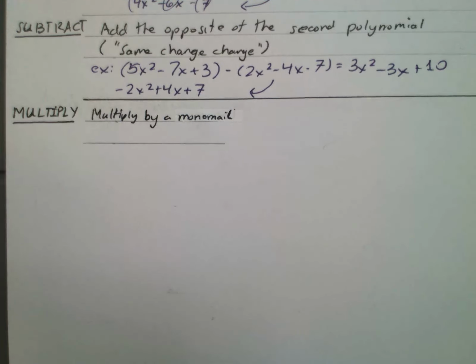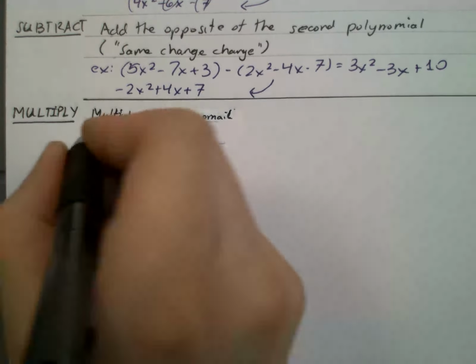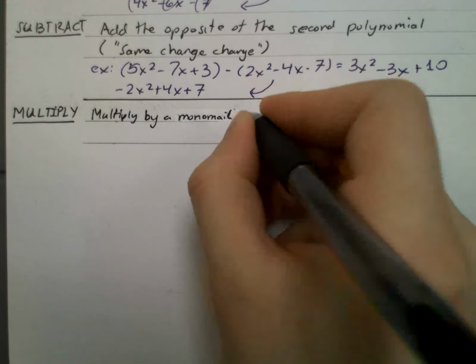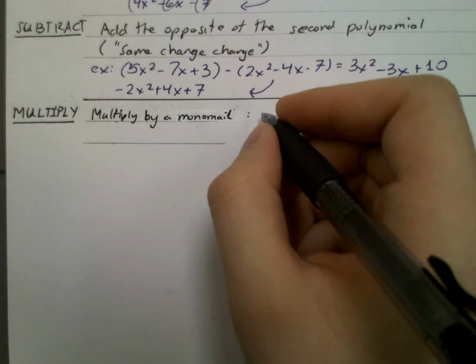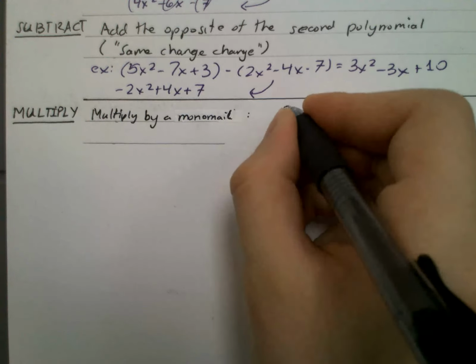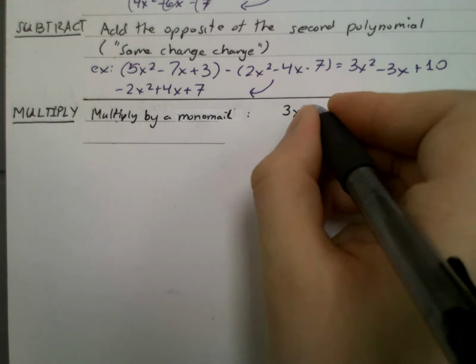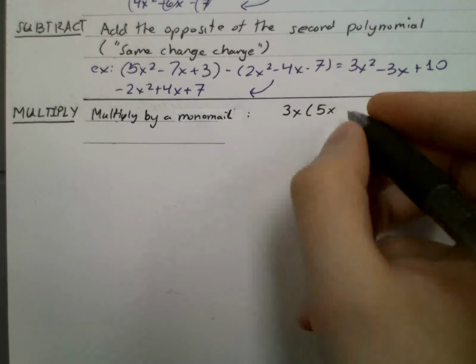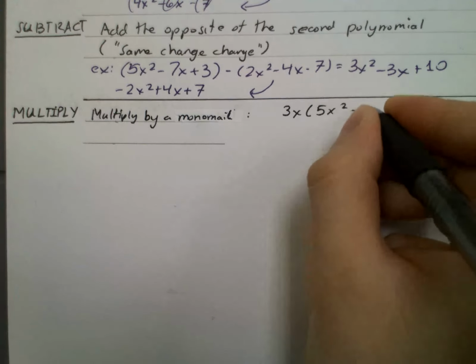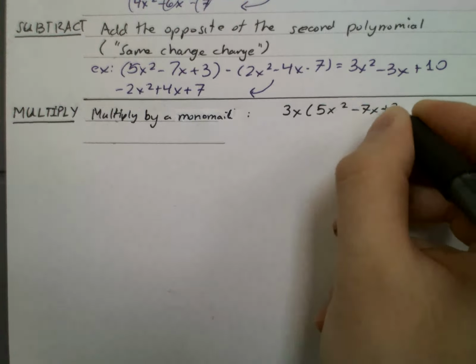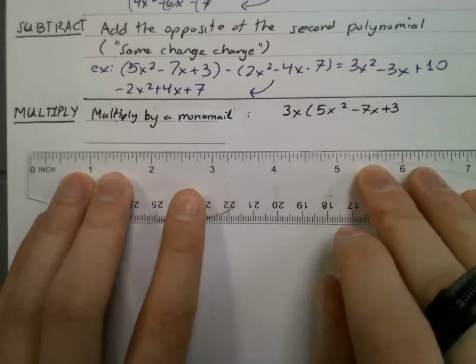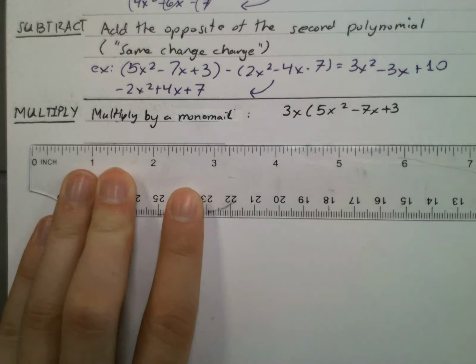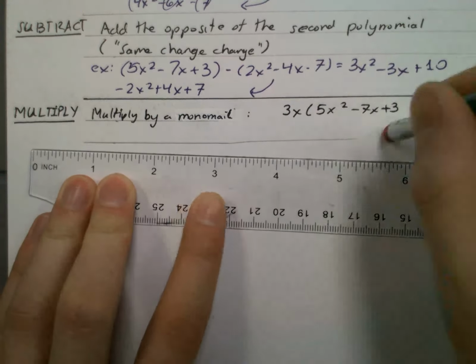We think mostly by distribution again, right? So we have 3x times 5x squared minus 7x plus 3. Okay. Whoops.